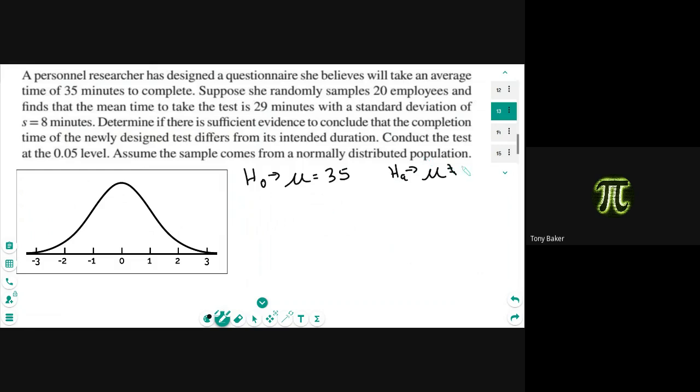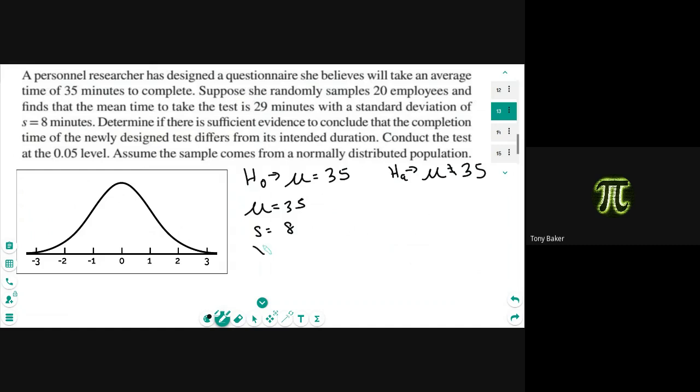Yep, that'd be not equal to. The 29 is my sample. That's X. The researcher believes the average time it will take is 35 minutes. So that's my mean. When we do the sample, that's going to be the X. So 29 in this case will be my X. All right, so my mean is 35. My standard deviation in this case is 8.